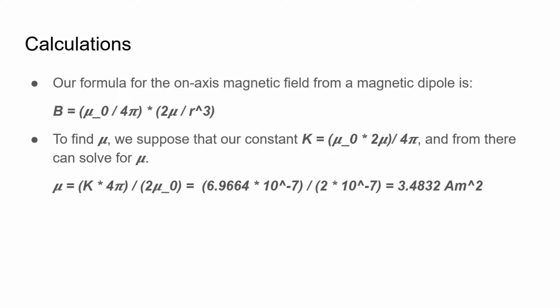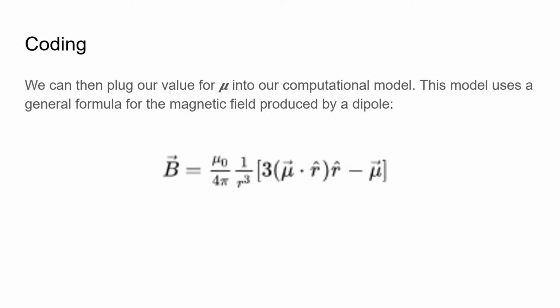We suppose that our constant k is equal to the constant for magnetic fields, which is mu naught over 4 pi, times 2 times the magnetic dipole moment, which we denote mu. And from there we solve for mu. And we obtain for mu 3.4832 amperes meter squared.